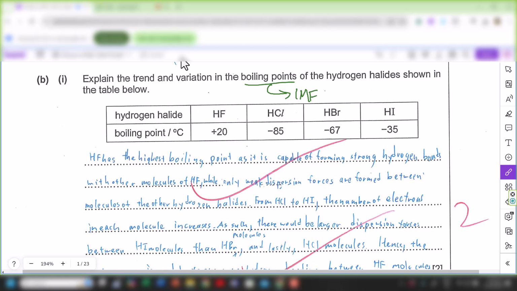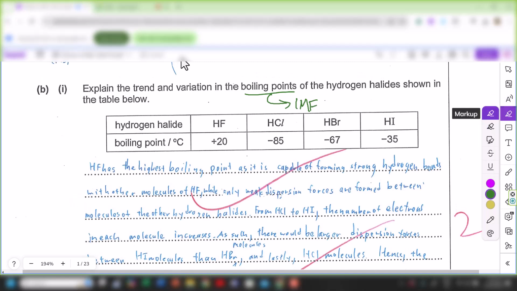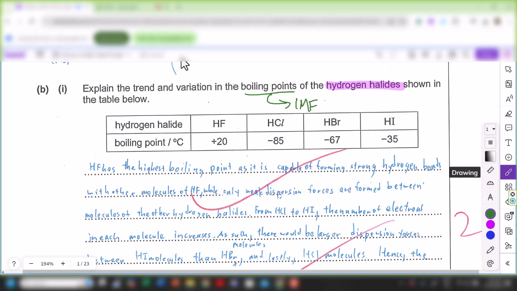Okay, basically to boil something, you need to overcome the intermolecular forces of attraction between the molecules. Of course the next thing is you need to recognize that they are simple covalents. Because if you don't recognize that they are simple covalent, then again you're going to make a mistake. So simple covalent is something you need to be aware of.